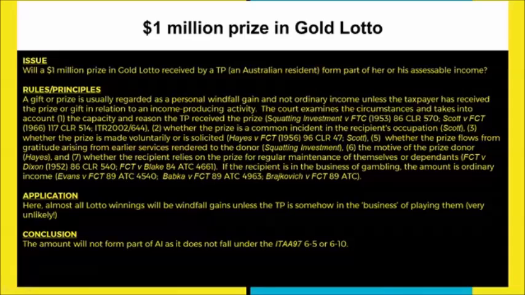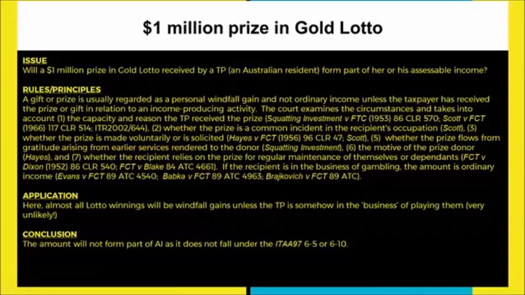Now with something like lotto, in theory you could have some form of syndicate that buys lotto tickets in order to somehow beat the system. It's theoretically possible, but very unlikely that the Commissioner would accept that even very heavy consumers of lotto would be deemed to be in the business of doing that.